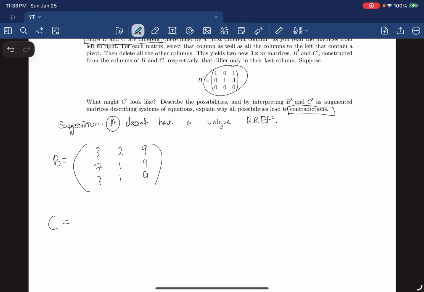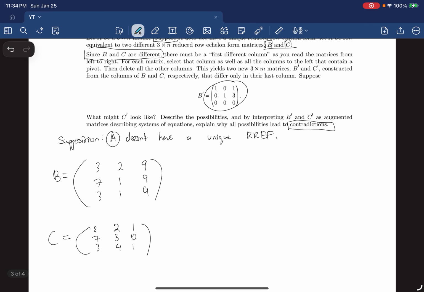And C could be 3, 7, 3, 2, 3, 4, 1, 0, 1, right? So when you're reading them from left to right, you're going to come across the first different column. You read 373, 373, okay, they're the same. Then you read 211, and you read 234, they're different. So column 2 is the one that's going to be different. So put a star there, all right?